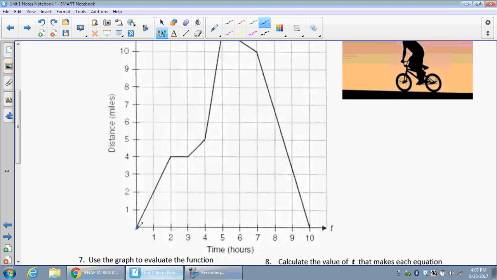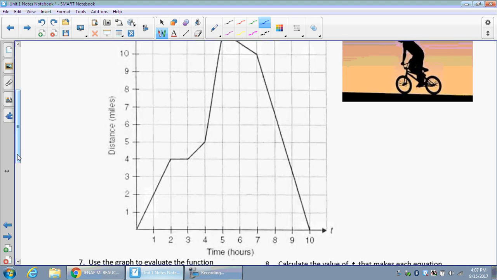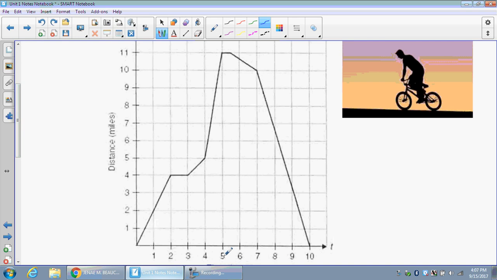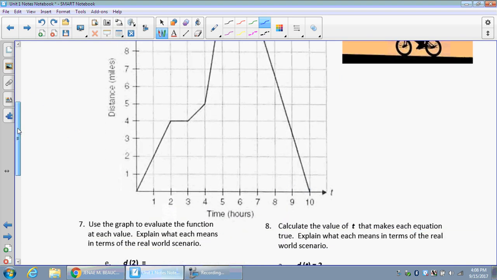He's at home, so no time has gone by. And over time, he's getting farther and farther, kind of takes a break, a little farther, speeds up far, far, far. At this point right here in time, he's the farthest away. And then he turns around and he progressively starts getting closer and closer until he gets back home.